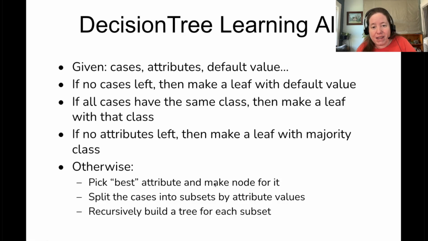We want to pick the best attribute and make a node for the tree for it. We're going to split the cases we have left into subsets based on their values of that attribute. So that's like splitting the dogs into just brown dogs, just black dogs, just white dogs, just gray dogs, right? Splitting the data so that we have subsets that match the different attribute values for the attribute we've chosen. And then we're going to recursively build a tree for each subset.